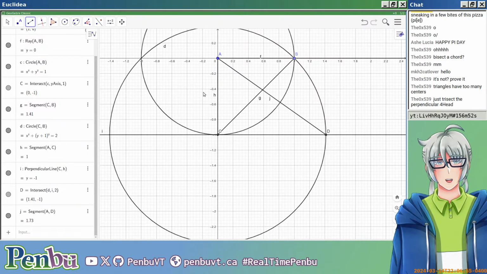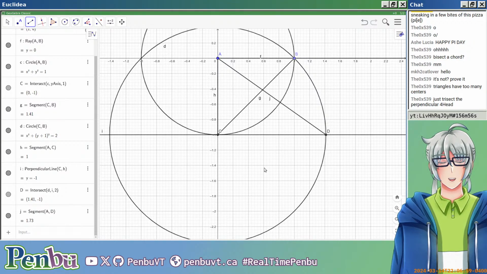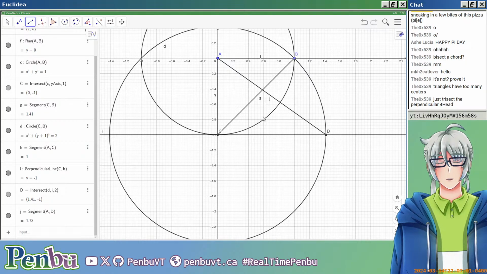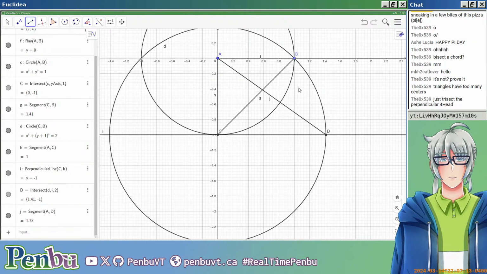So 1 squared is 1, plus the square root of 2 squared is 2. So 1 plus 2 is 3. And then c squared being 3 means that if we isolate for c, we get c equals the square root of 3. And so now this length is the square root of 3.